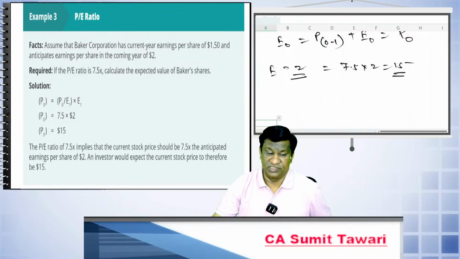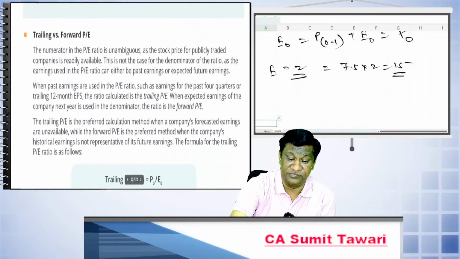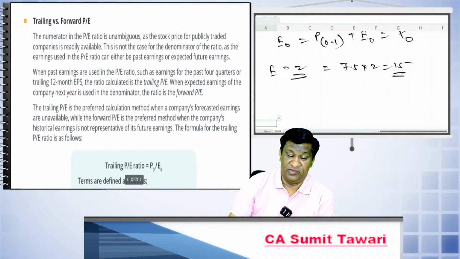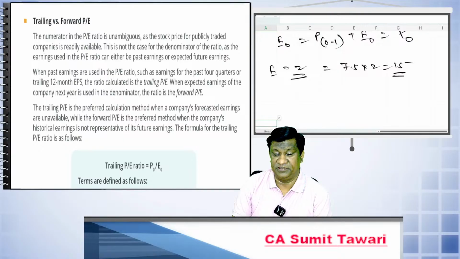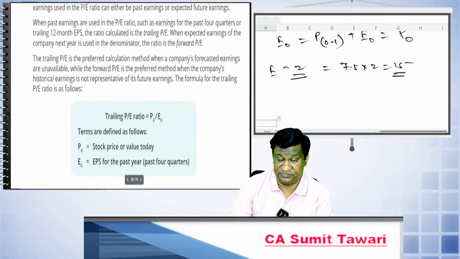7.5, so 15 is basically the forward PE ratio. Generally, we calculate the value of the shares with the forward PE ratio. But if you don't have the information, because we are using comparables, you can calculate on the basis of P0, E0. Here they mention the trailing PE, so in that situation we consider E0.